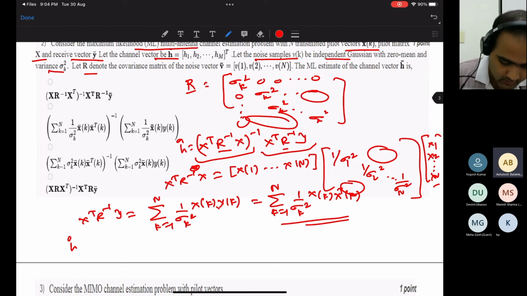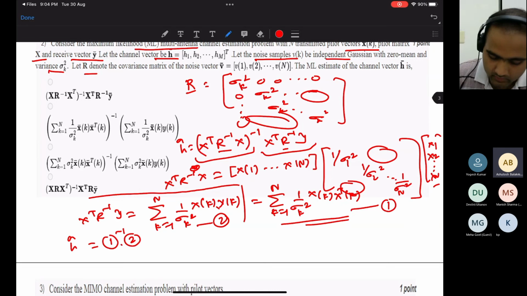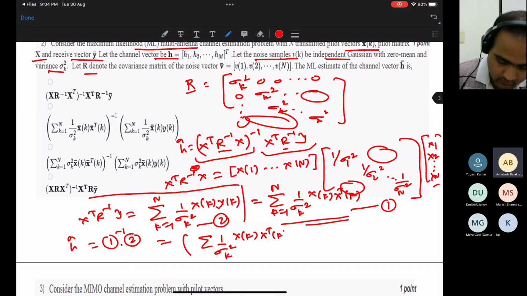So H hat is basically the inverse of the first term multiplied with the second: the inverse of the summation of 1 by sigma k square xk x transpose k, multiplied with the summation of 1 by sigma k square xk yk.